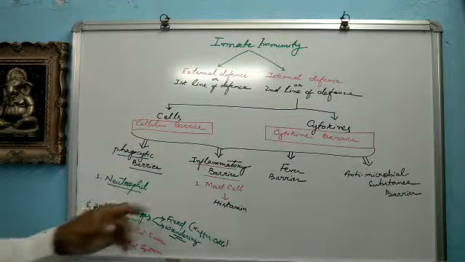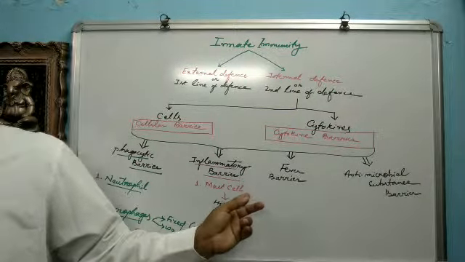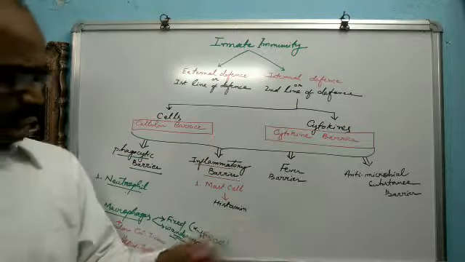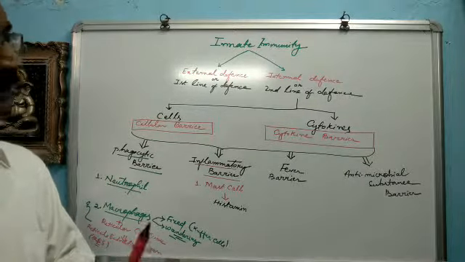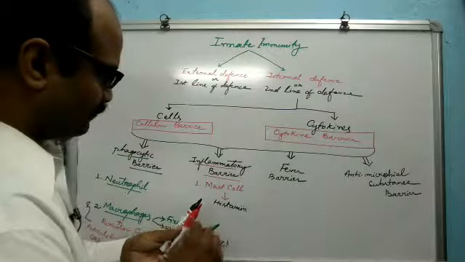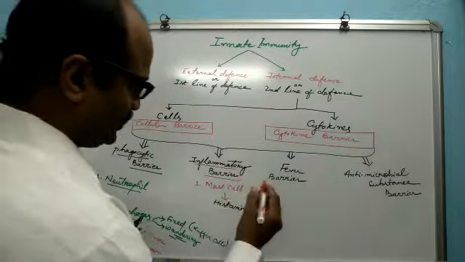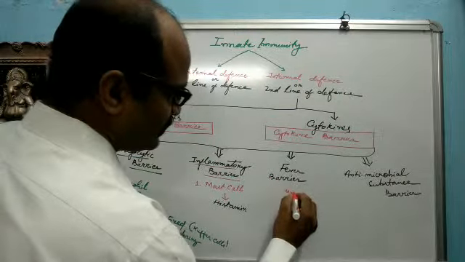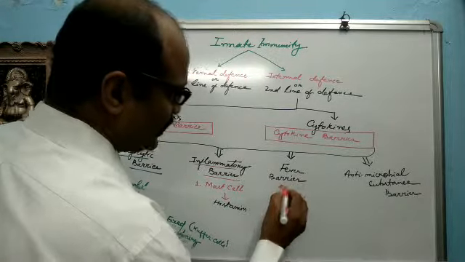Another barrier may be the fever. It is one type of reaction, but you can say that it is also a barrier, and this is the fever. By the inflammatory reaction, the increase of WBC takes place in the body.